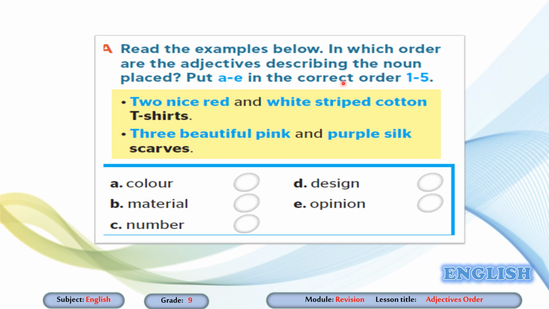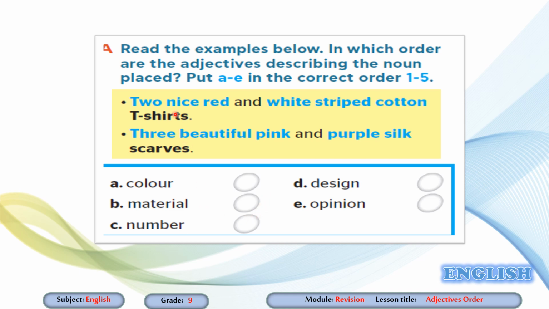Put A to E in the correct order, 1 to 5. These are the types of adjectives: color, material, number, design, and opinion. We want to find out which of these types comes first and put number 1 for it, which comes next, 2, and so on.